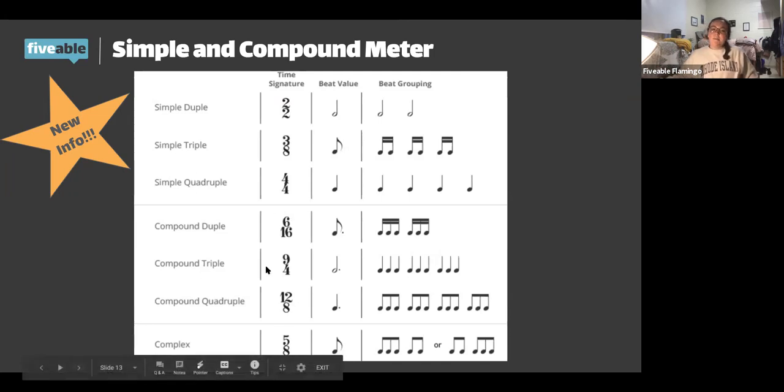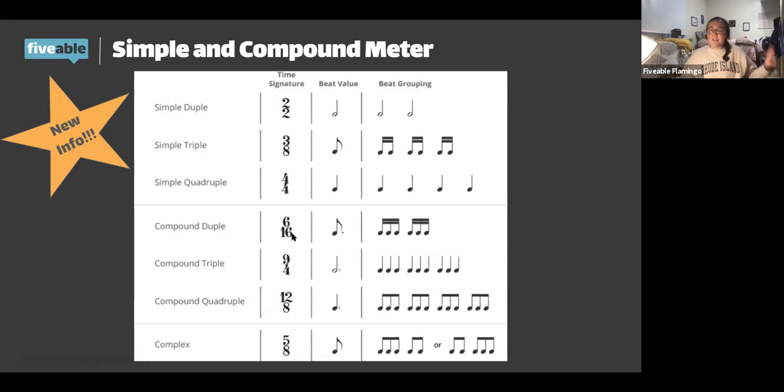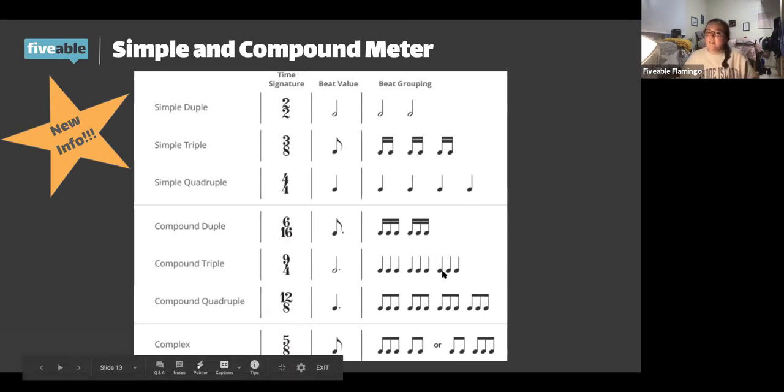Basically, last year when I was learning this, I thought about it like 6/16, not very common. And you can't really divide this into groups of 2, so that's going to be compound. And 9/4 compound.